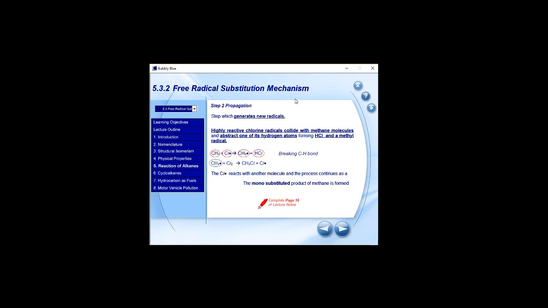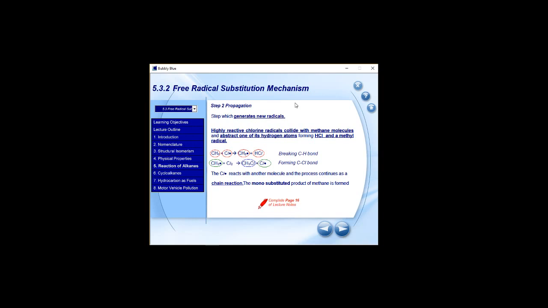This methyl radical will react with another molecule of chlorine to generate another chlorine radical. This chlorine radical reacts with another molecule, and this process goes on as a chain reaction. A mono-substituted product of methane, CH3Cl, is formed.